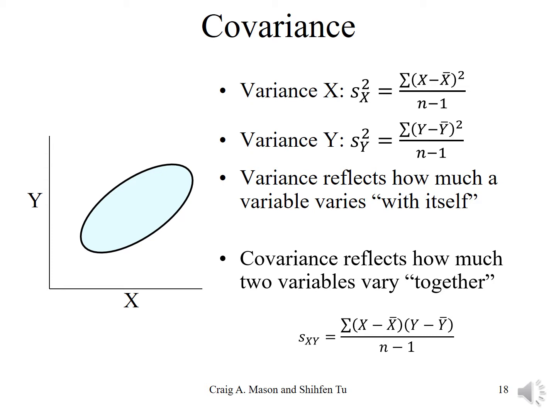Instead of squaring the x deviations or squaring the y deviations on their own, the covariance multiplies the x deviation by the corresponding y deviation for each person. This is called the cross product. The cross products are then added up for each person and divided by n minus 1.